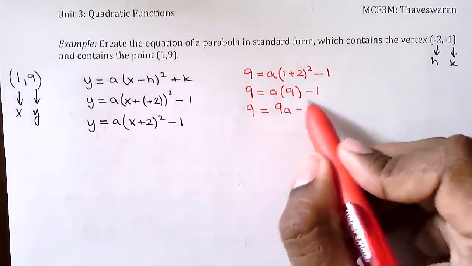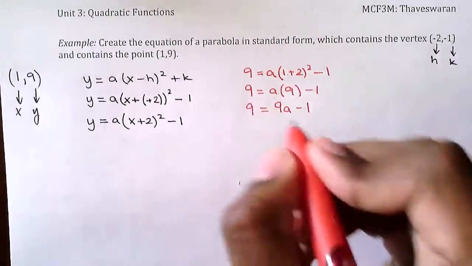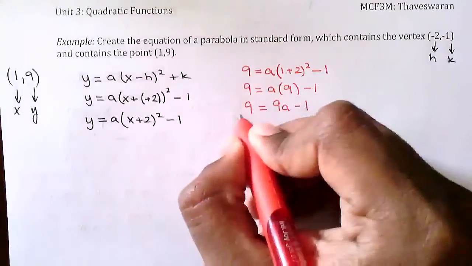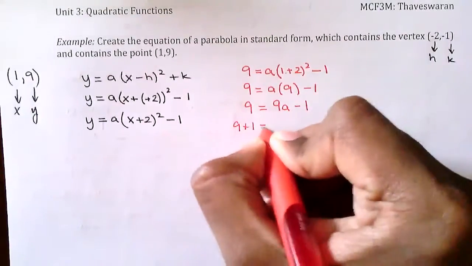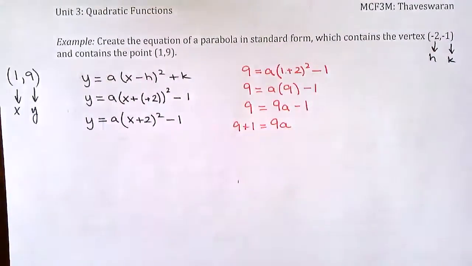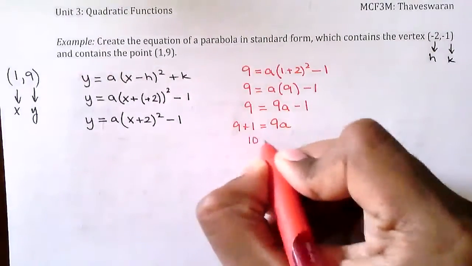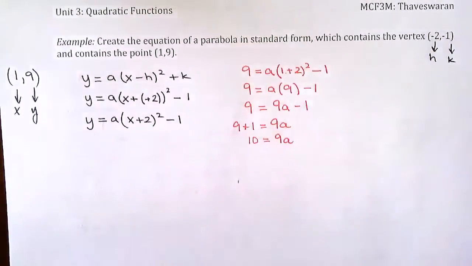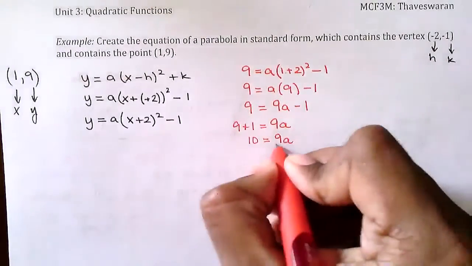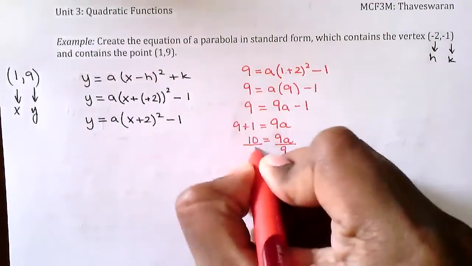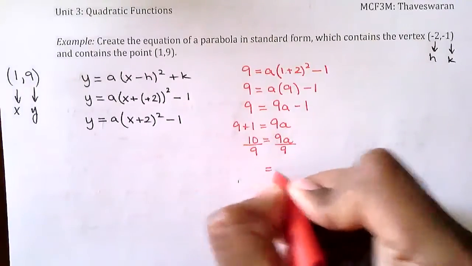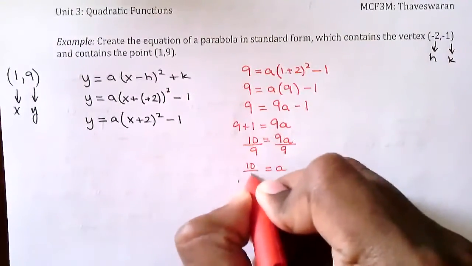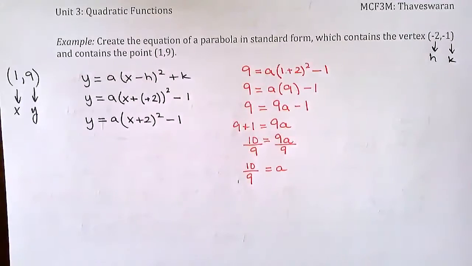To isolate for the a, I'm going to bring the negative 1 over first. So 9 plus 1 is equal to 9a. So 10 is equal to 9a. And to isolate for the a, I'm going to divide both sides by 9. And so I have a is equal to 10 over 9.